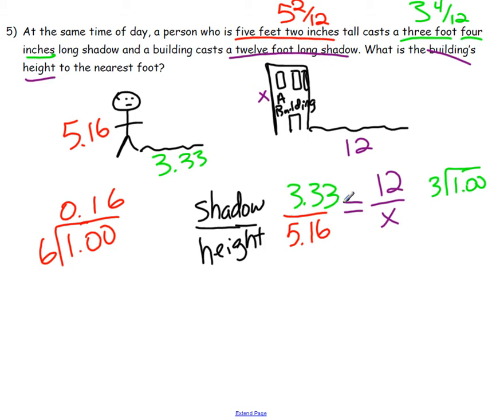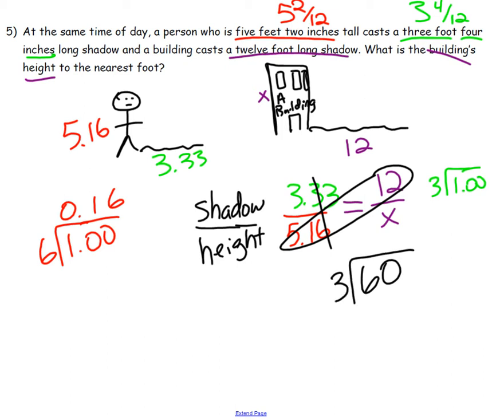Since it's saying what is the building's height to the nearest foot, let's just drop the decimals. I'm going to assume you guys can multiply and divide decimals. So 12 times 5 divided by... So the height of the building should be about 20 feet.